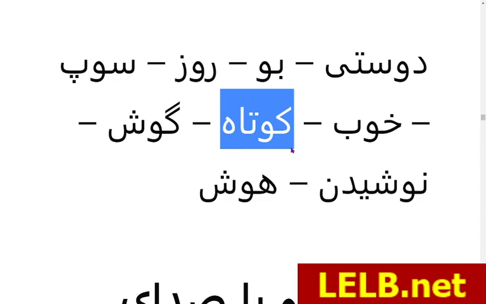Soup, the same as soup in English, a kind of dish. And khub: kh, vav, be, means good. Kutah means short: kaf, vav, te, alef, he do cheshm.